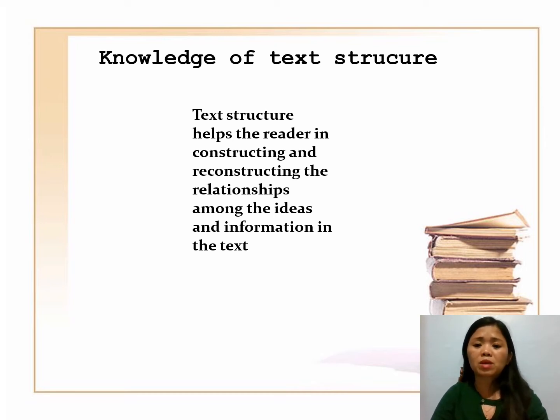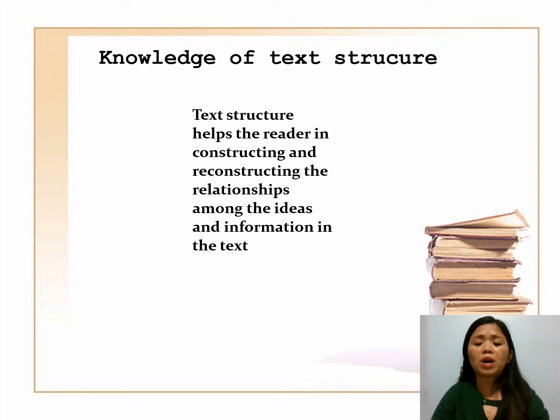The three types of knowledge, script knowledge, knowledge about language, and knowledge of text structure, must be actively used by a reader to bridge the gap between what is already known and what is new information. So these may be used in different combinations by the reader to make sense out of text.